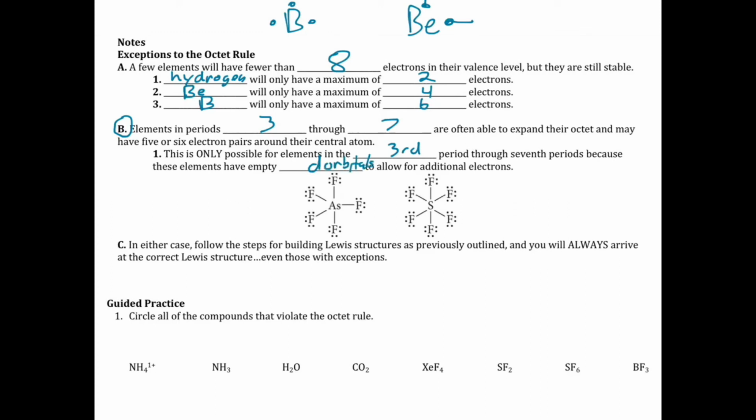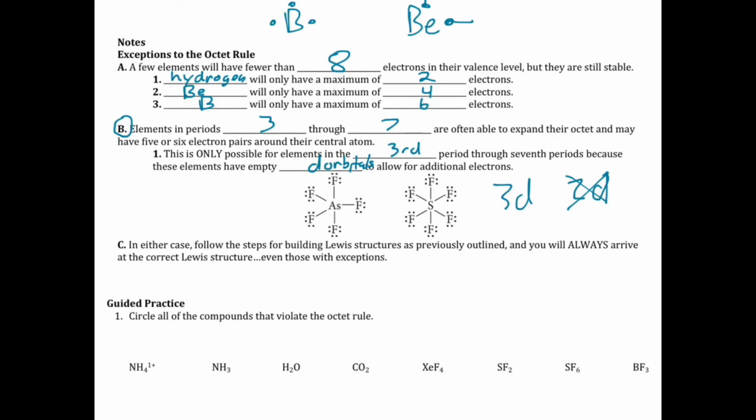If you remember, in the 3rd energy level, that is where we first have d orbitals. There is such a thing as 3d. There is not such a thing as 2d. And so the d orbitals actually allow for the expansion of the octet rule.